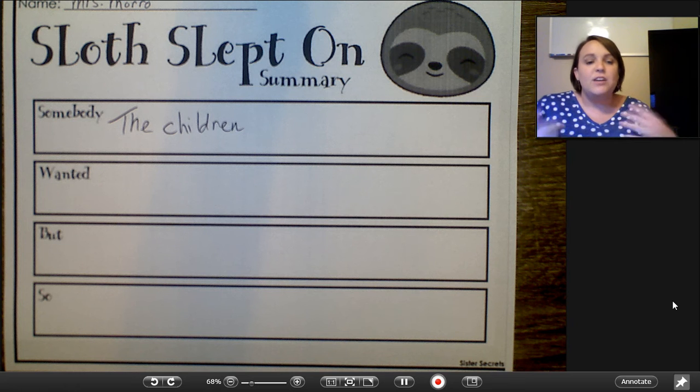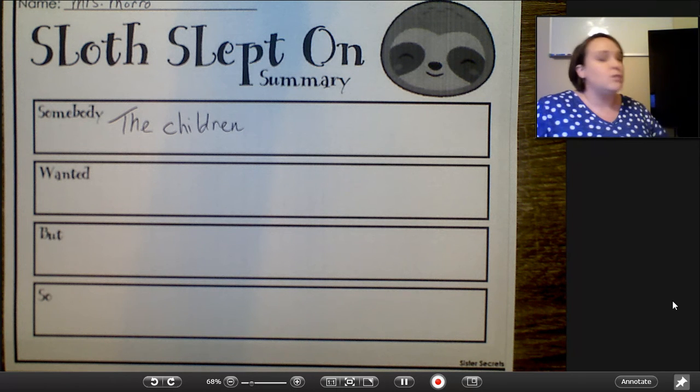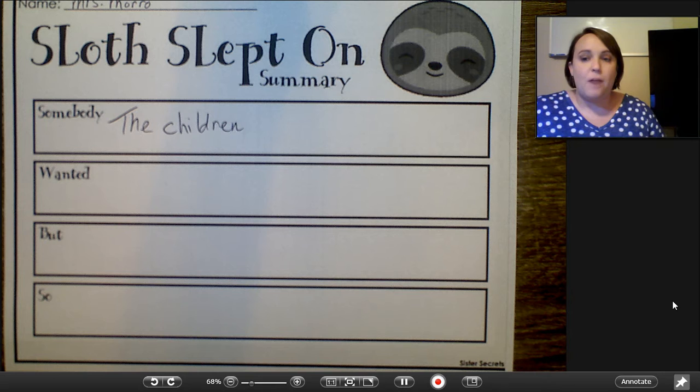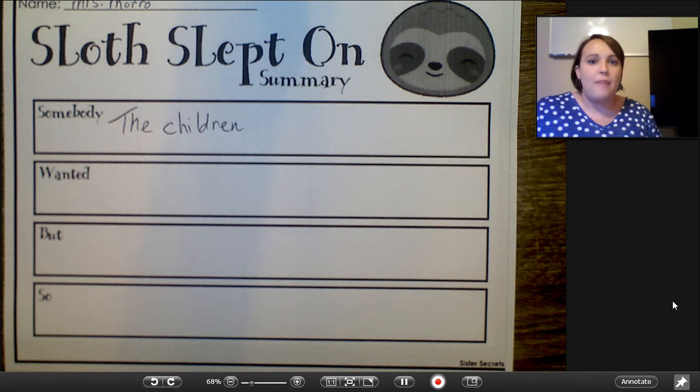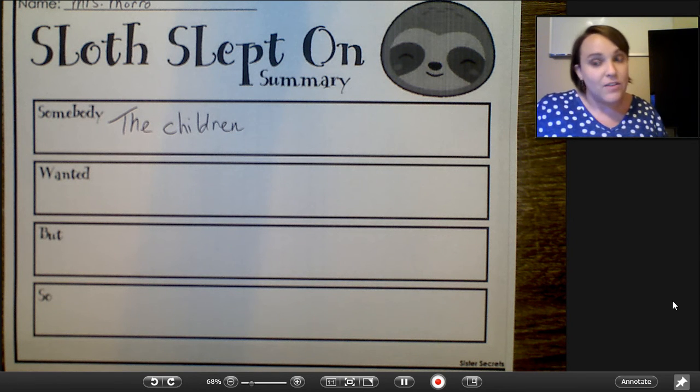Somebody wanted. So what did the children want? Well, if you think about our problem and solution from the story, we know that they wanted to figure out or find out what this creature was that they found in the backyard.